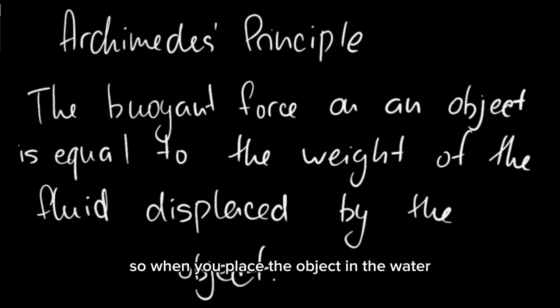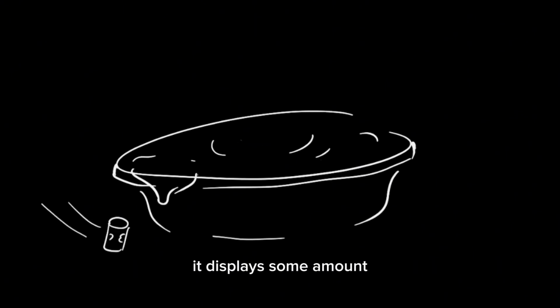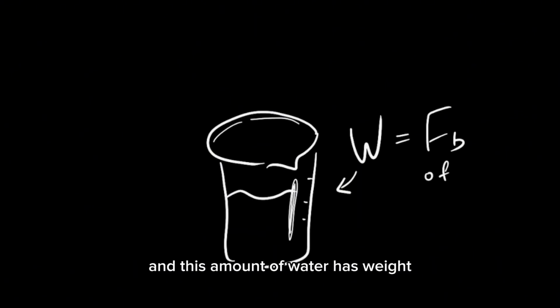So when we place the object in the water, it displaces some amount, and this amount of water has weight. The weight of this displaced water is equal to the buoyant force acting on the object.